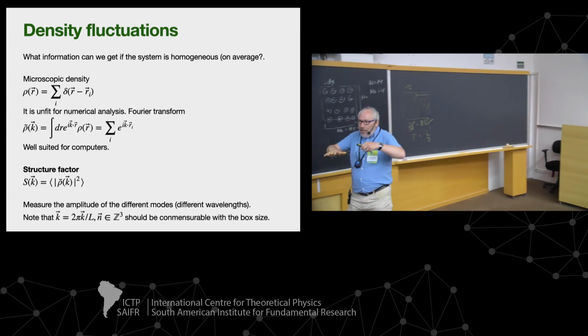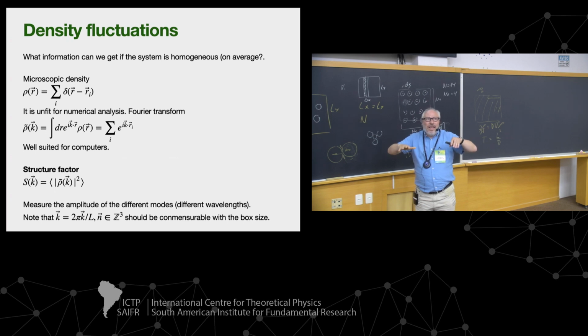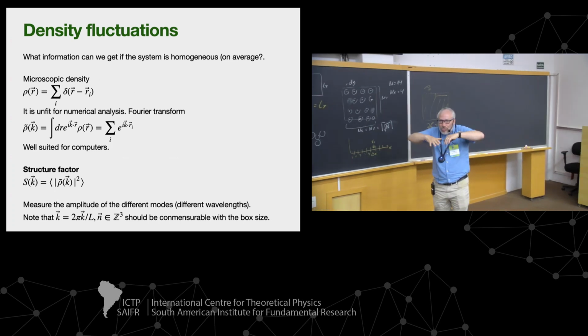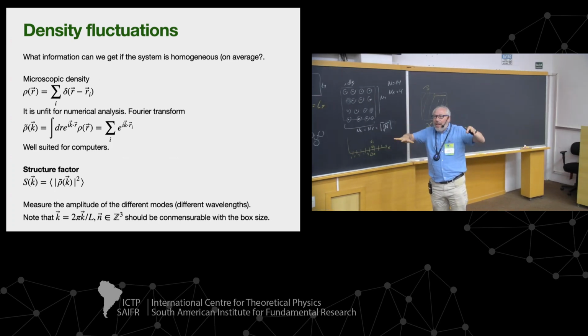So if your system is fluctuating, it's not going to fluctuate equally on all wavelengths. Some wavelengths are going to be more predominant. For example, if the system is going to develop some patterns, but it's still homogeneous.